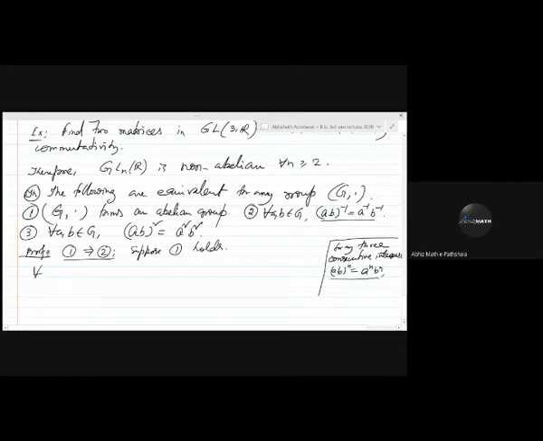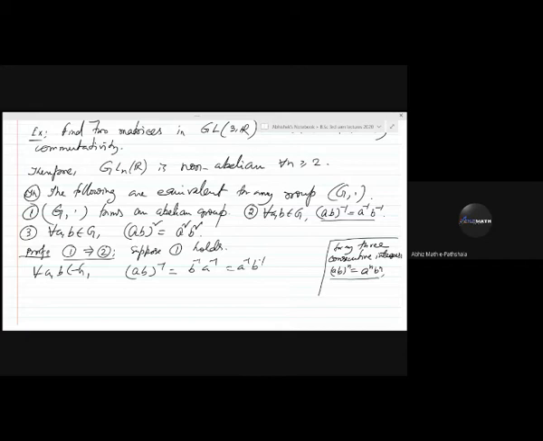Then for any a, b belongs to G, what is (ab) inverse that you have proved? It is b inverse a inverse. But since the group is abelian, it must be a inverse b inverse. So it is very obvious. So if 1 holds, then 2 is implied by 1.